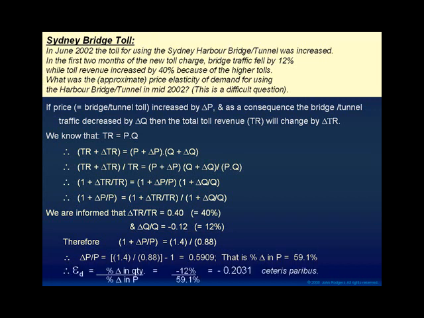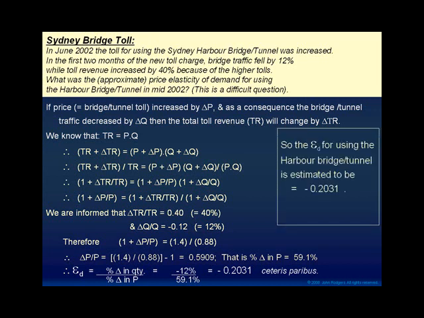We're now in a position to work out the price elasticity of demand, which is the percentage change in quantity demanded, in our case negative 12%, divided by the corresponding percentage change in price, which was 59.1%. When you do the arithmetic, that equals negative 0.2031, ceteris paribus. That answers our question.